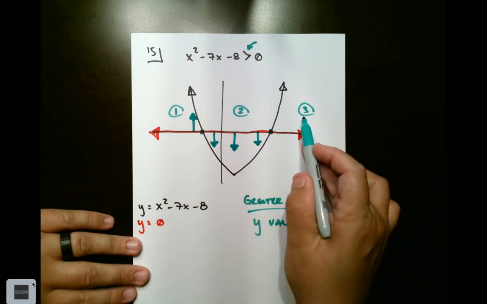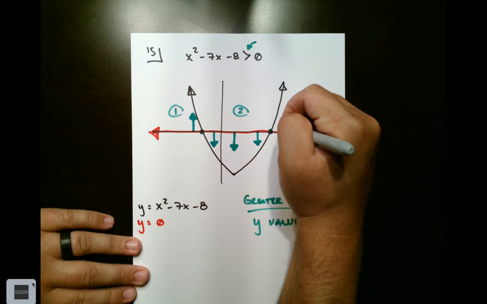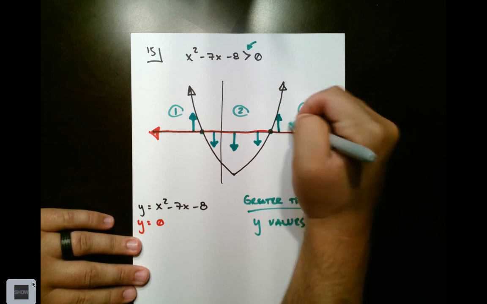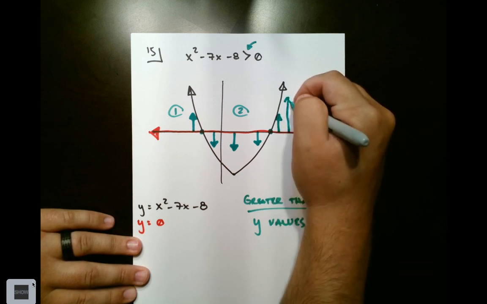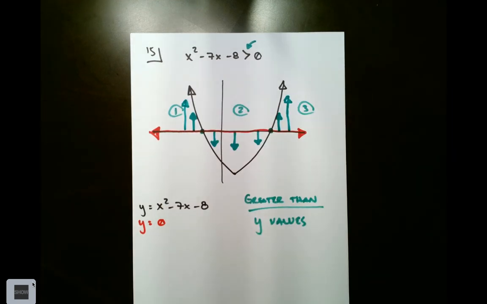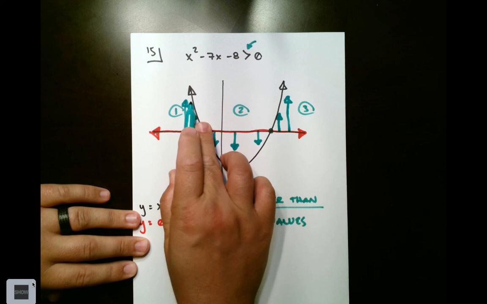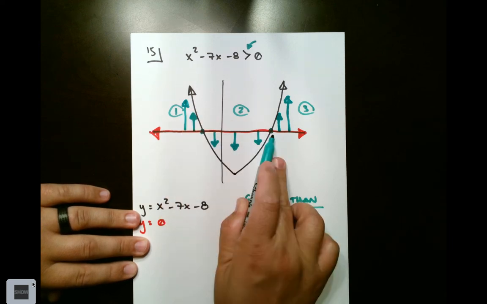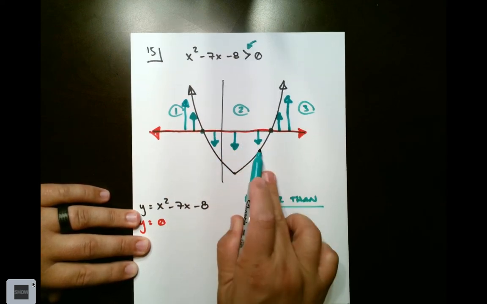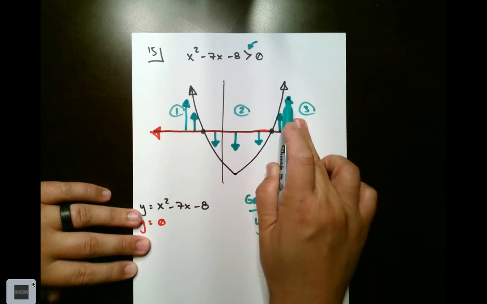And then take a look at zone 3. As soon as I pass that x-intercept, it looks like my parabola is back again greater than that line. Okay? So that's important to identify what's happening in each zone. To the left of that x-intercept, my parabola is greater. In between the 2 x-intercepts, my parabola is less. After that second x-intercept, my parabola is back to greater.